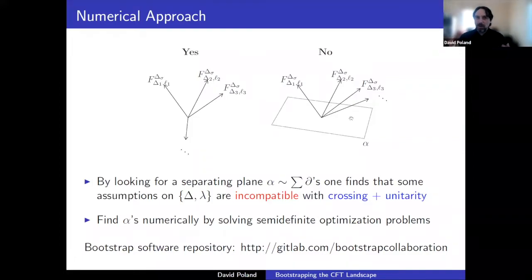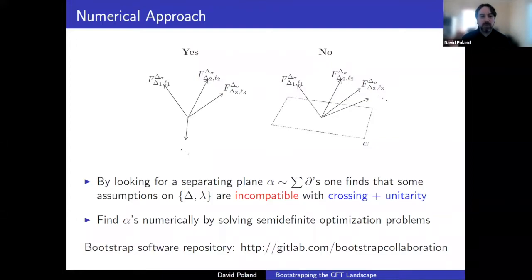And so the basic numerical approach is to use convex optimization methods to look for these kinds of separating planes, perhaps after making some assumptions about the spectrum. And if you can find this kind of separating plane that puts all the vectors to one side of it, then you learn that whatever assumptions you made are incompatible with crossing symmetry and unitarity.